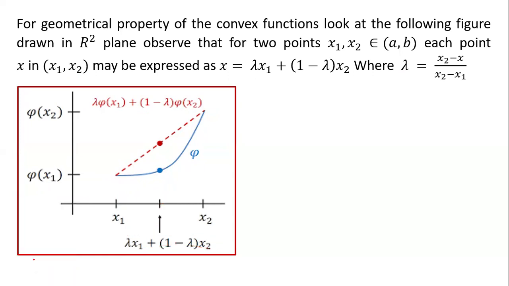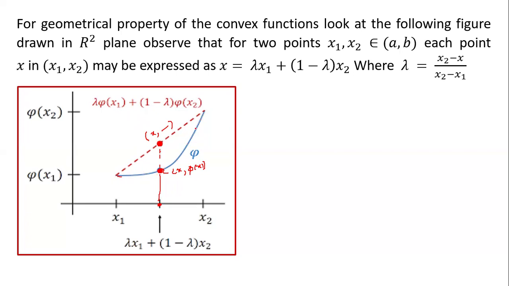So this is the point on the straight line for this. This is the abscissa, the abscissa of this point is x, and whatever be the value of the ordinate. And this is the point whose abscissa is x and its ordinate is phi of x, obviously because this is the curve phi.